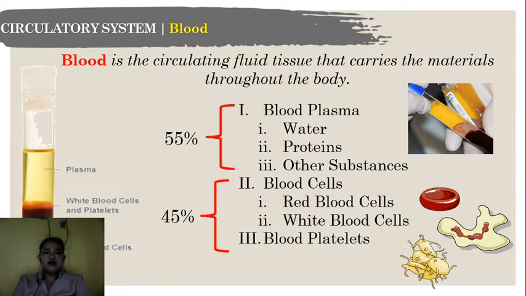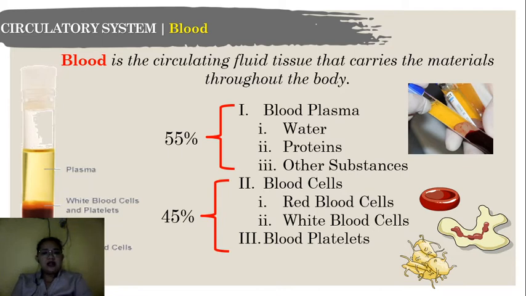So, ano-ano ba yung composition ng blood? We have 3 composition, such as your blood plasma, blood cells, and blood platelets. Yung 55% ng composition ng blood, that is only for blood plasma. Sa 55% na yun, 92% nun ay tubig, and then the remaining 8% would be proteins and other substances, such as salt and the likes.